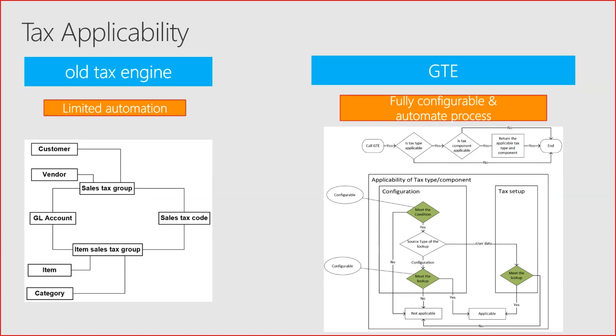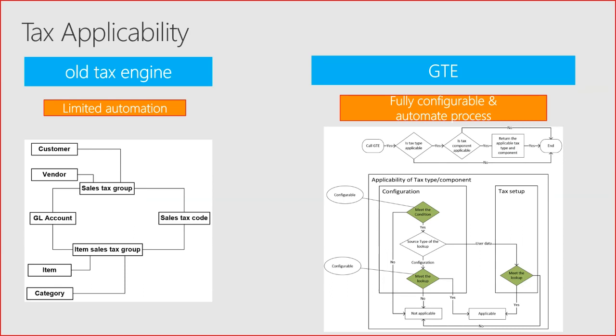So when you create a sales transaction or purchase transaction, you have customer, you have item, then the system will default the sales tax group, item sales tax group, and the intersection will be the sales tax code, which is applicable for this transaction.